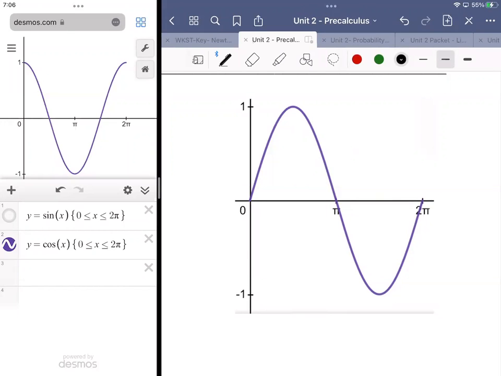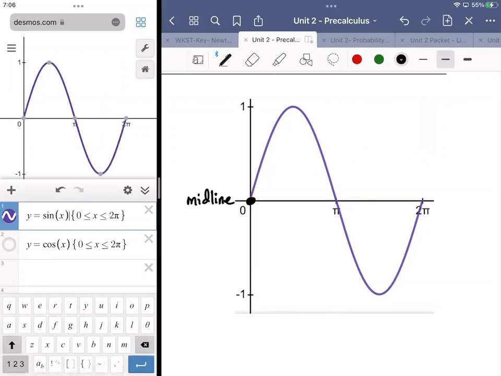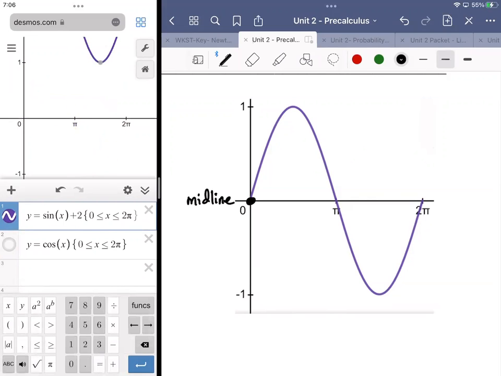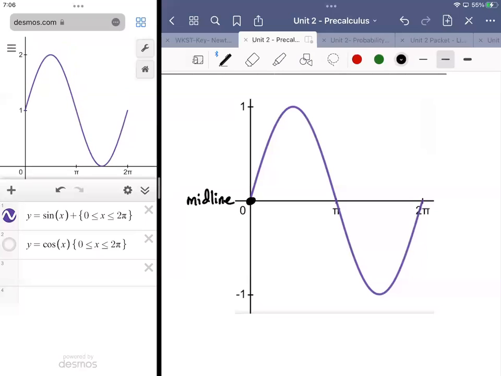So a sine wave always starts off at the midline. Right? So there's a line that slices horizontally right through the middle of the graph. In most cases, in an academic sense, the midline will be the x-axis, right? But it is possible that the midline is not.